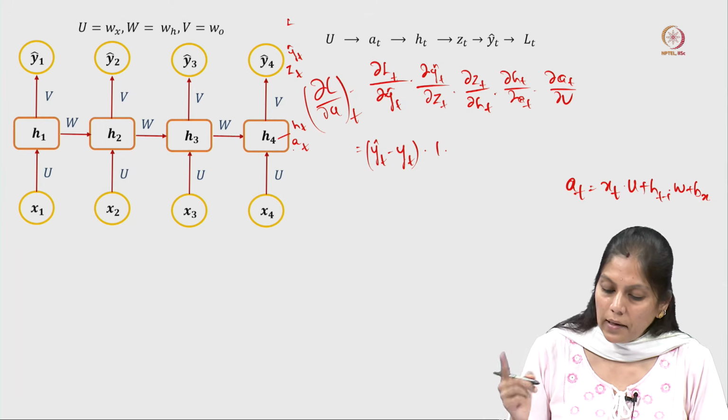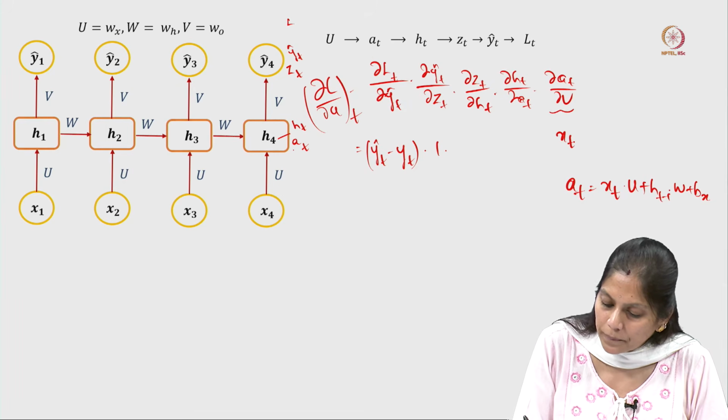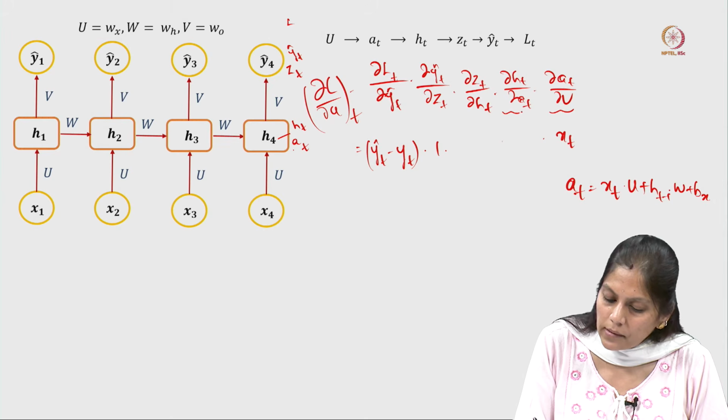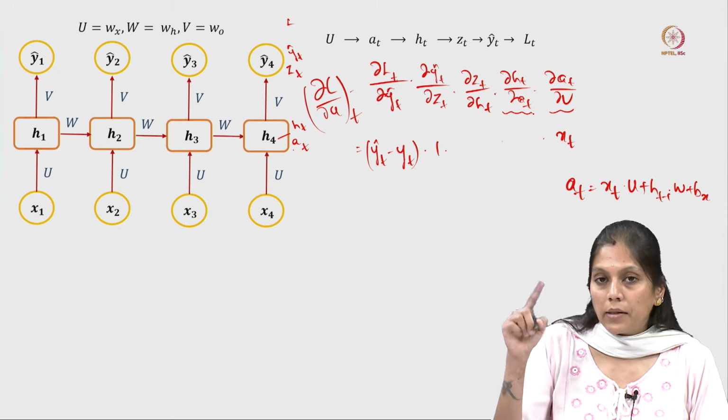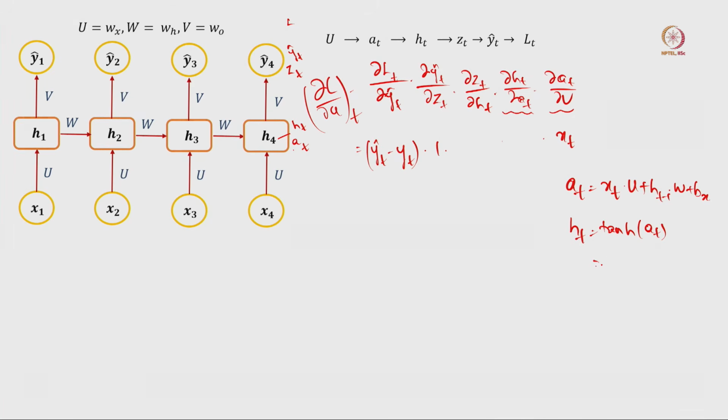So, when you take the derivative with respect to U, this term is x t. And next, what is this term? It is passing through an activation. H t is tanh of a t, so the derivative is 1 minus h t square. So, this is 1 minus h t square.